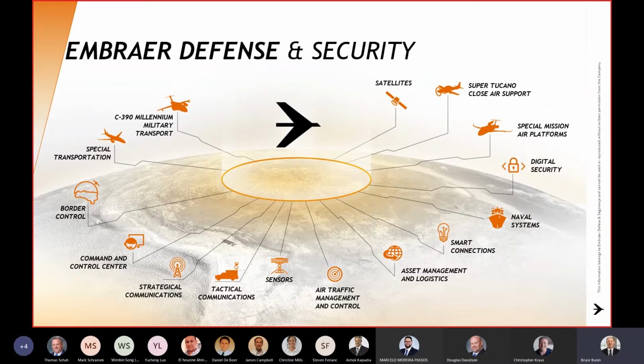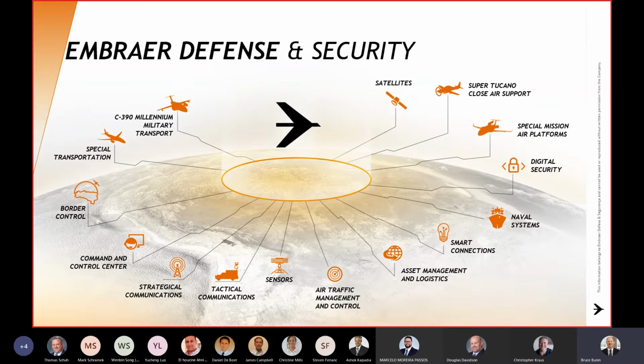But then along the bottom of the slide, those are all the product lines that are connected primarily to our subsidiary companies, or as I said, subsidiaries that have been folded into the core of Embraer. And it's a range of products, right? From command and control to border control, C4I systems, sensors, primarily meaning radars, air traffic management.